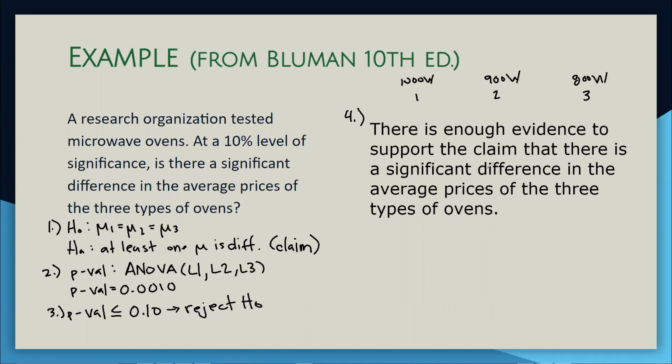I'd have to perform 3 tests, 1 versus 2, 1 versus 3, and 2 versus 3. Again, we're not going to do that, but this is an idea that could be used with some of the previous methods that we've used to test pairs of means. That's something to think about. That's kind of cool.